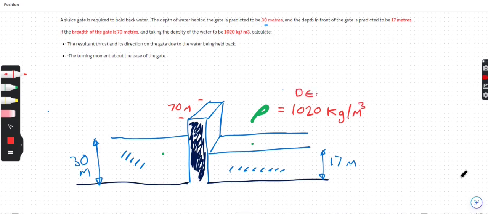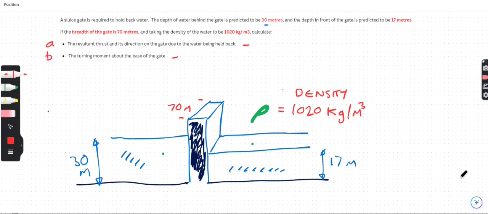The density of the water, both sides, we're not mixing stuff here. So we've got 30 one side and 17 on the other. This gate is 70 meters breadth and it's holding back water of density 1020. We've got to find the resultant thrust and the turning moment.